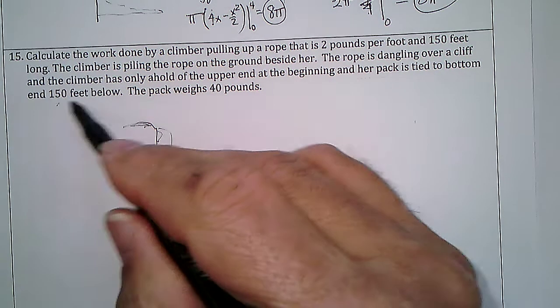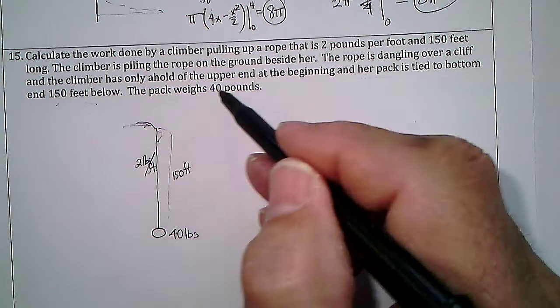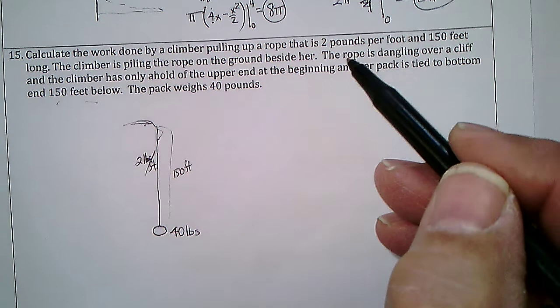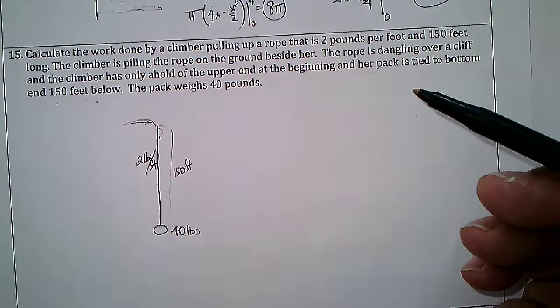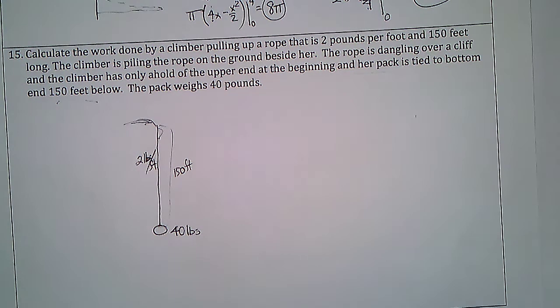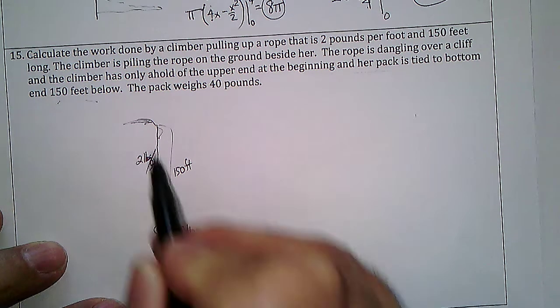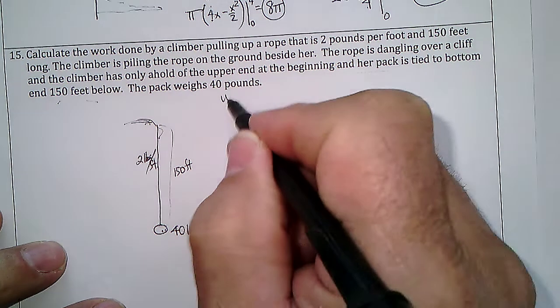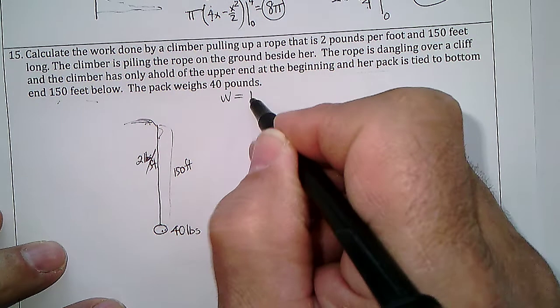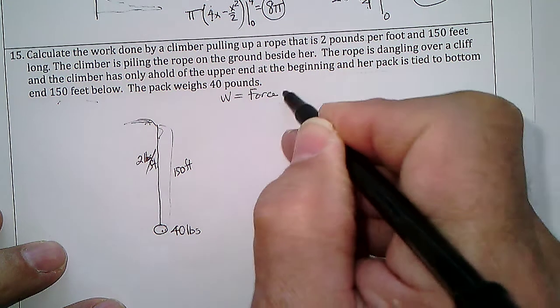And they're going to pull it up, and the pack weighs that. So two ways to think about this. Actually, several ways to think about it. But let's just say, got to lift the 40 pounds the whole distance, and work is force times distance.